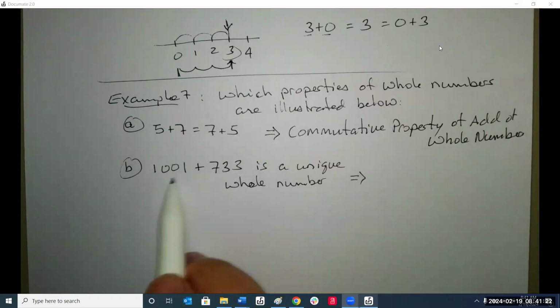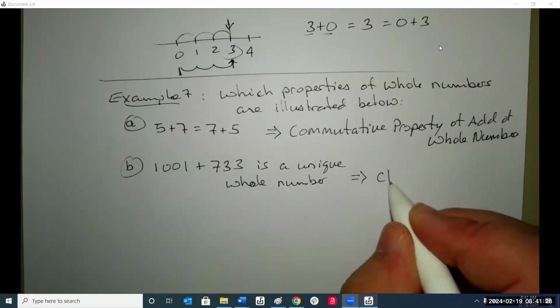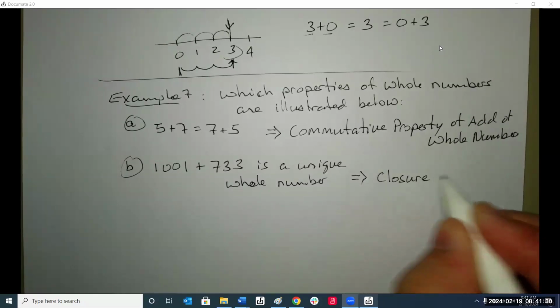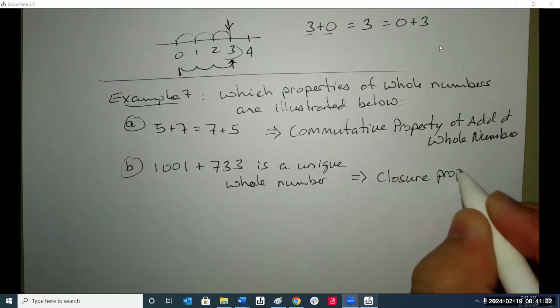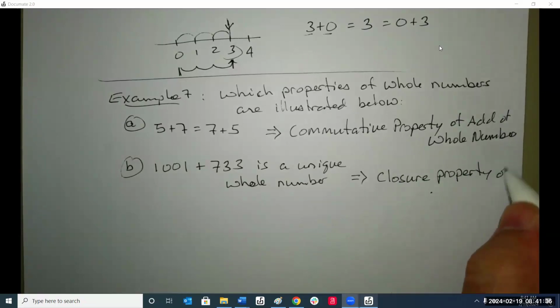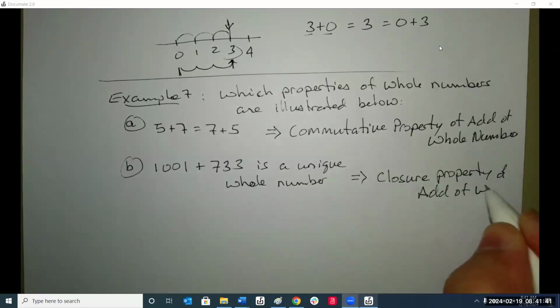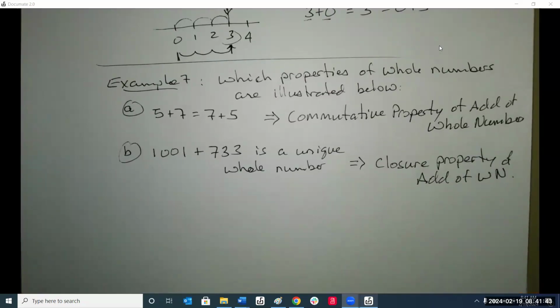Since we add two numbers that are whole, these are both whole numbers, and we add them together, it's also a whole number. So this is the closure property of addition of whole numbers.